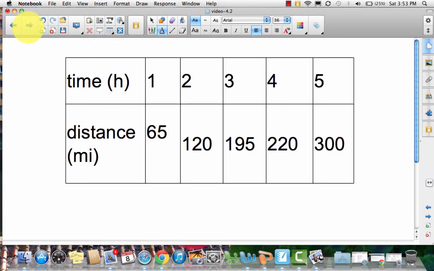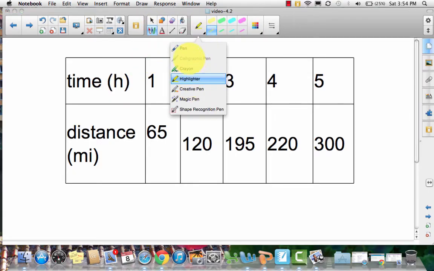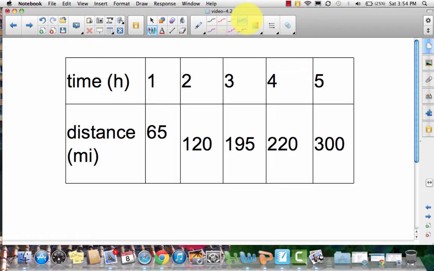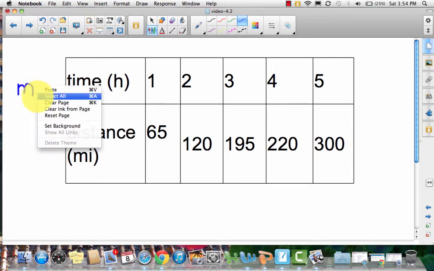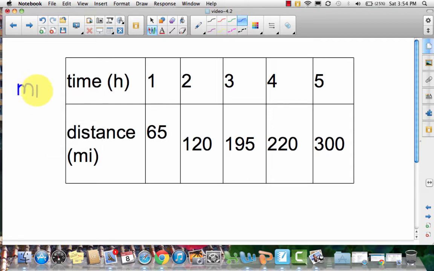Let's look at another example. This time we're comparing how long we drive for and the distance that we achieve in miles. So if I was to ask myself a unit rate question, I would be asking, how many miles do I drive each hour? So miles per hour. So miles is the numerator, hours is the denominator.